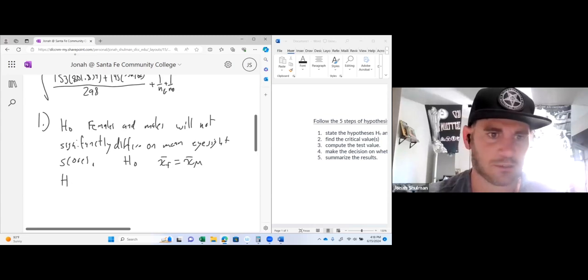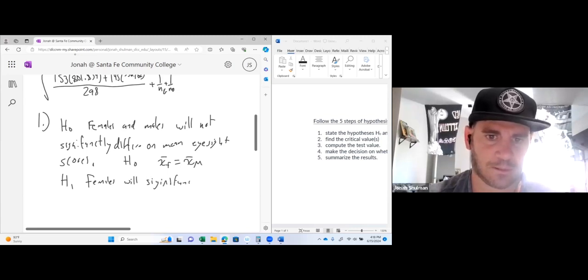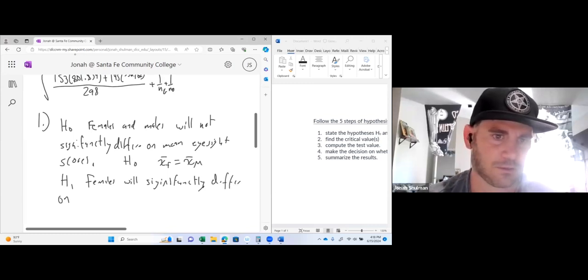Now our H1 is: females will significantly differ on mean eyesight scores than males.